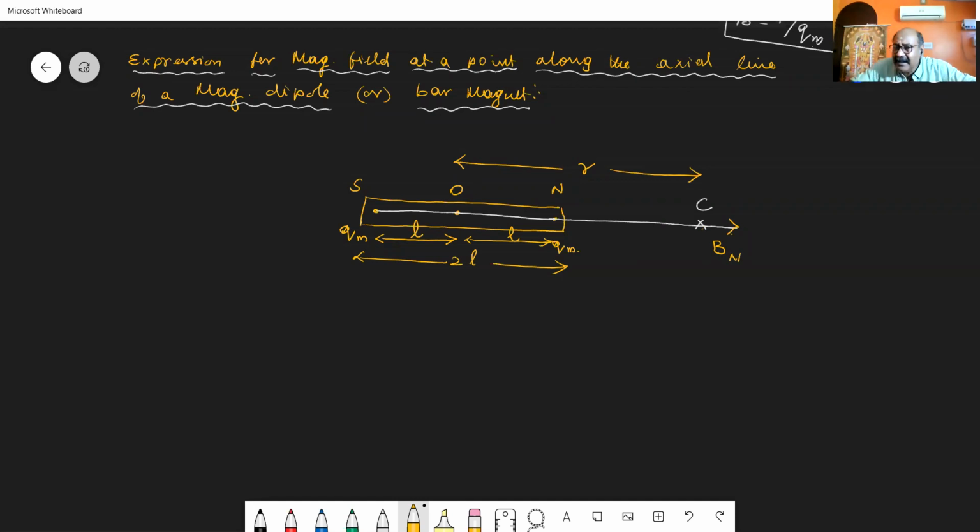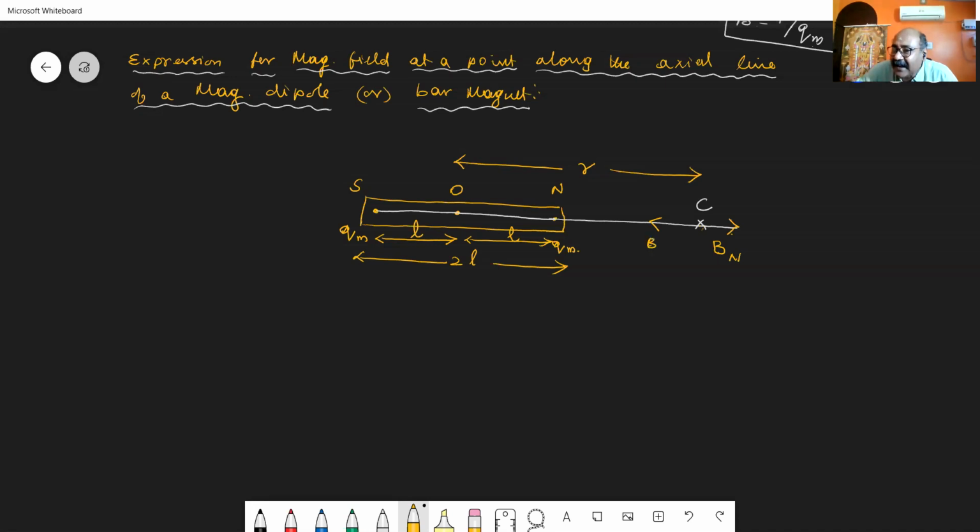At the same time, the magnetic field at this point C due to the south pole will be acting along the axial line, but in what direction? In this direction, along the opposite x-axis.